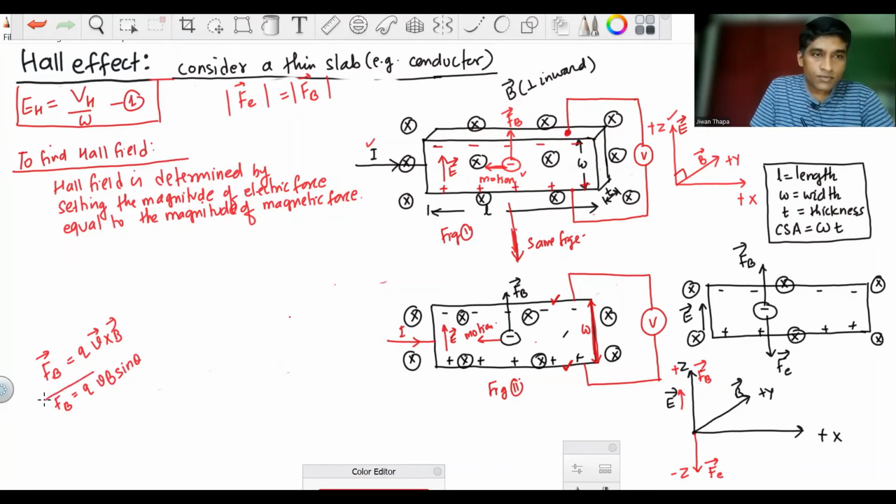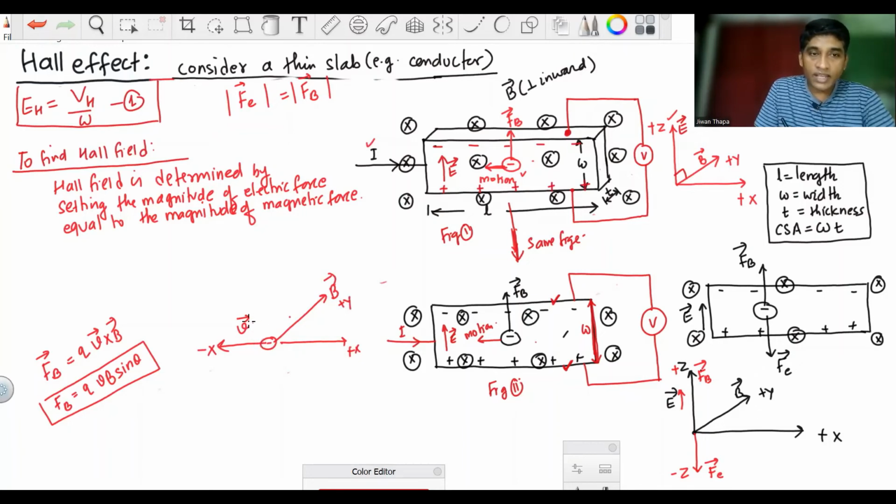Now, if we look into this figure, electron is moving, let's say with velocity v along this direction. Magnetic field B is acting along positive y.